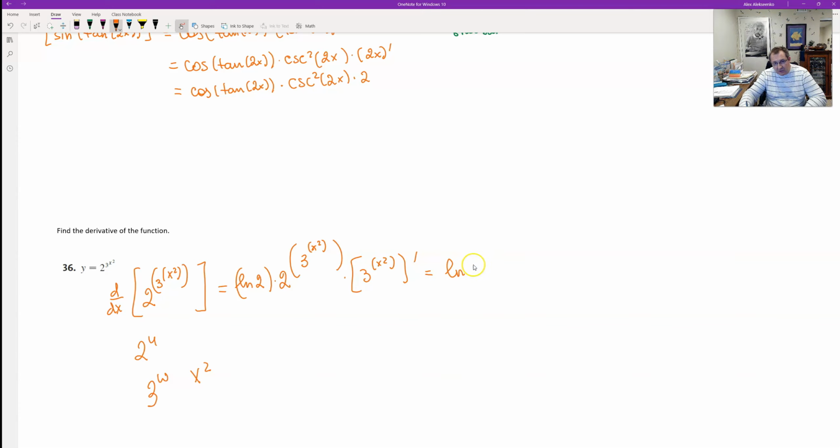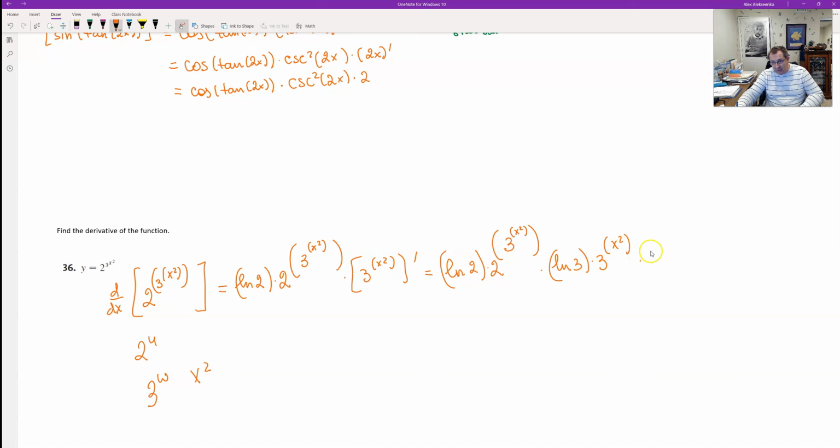You'll start with the natural log 2, which is here. And then the first term is done. It's 2 raised to degree 3 raised to x squared. And now we deal with the derivative of 3 raised to x squared. So the derivative of 3 raised to something is natural log 3 times 3 raised to something, which is x squared.